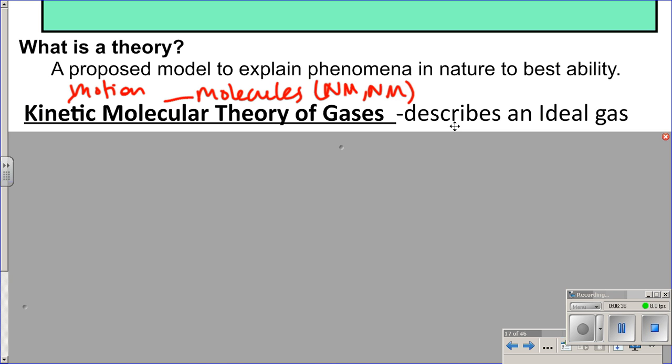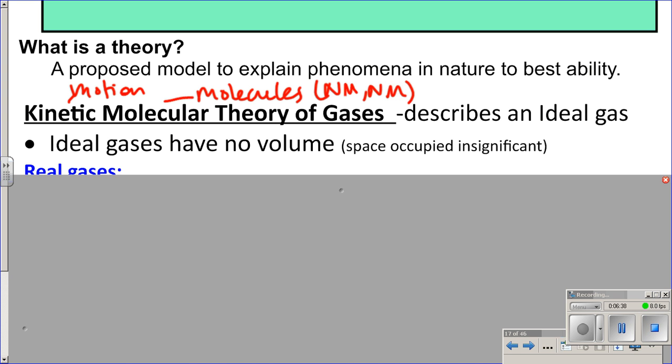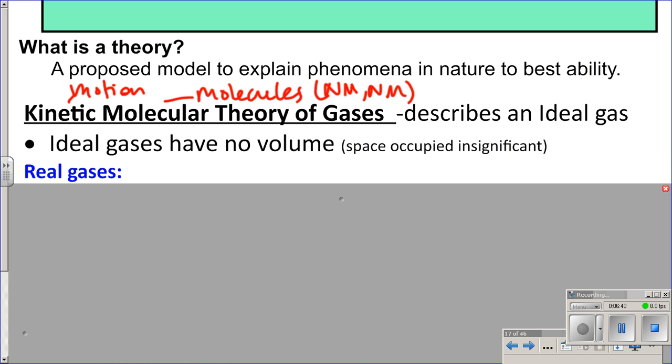Yeah? Okay, so the postulates, the 5 things we have to know about the ideal gas law, about the kinetic molecular theory are these. We say that ideal gases have no volume, meaning if I have, let's say, a 5-liter container, and I assume that the volume of individual gas particles are so tiny, I just call it negligible, like, it's not there.